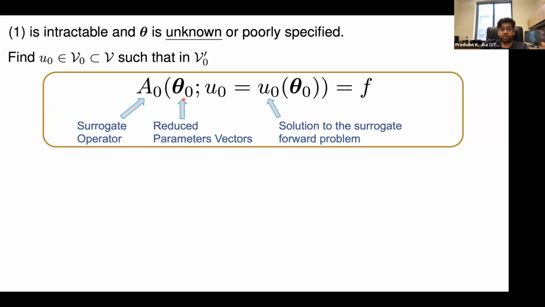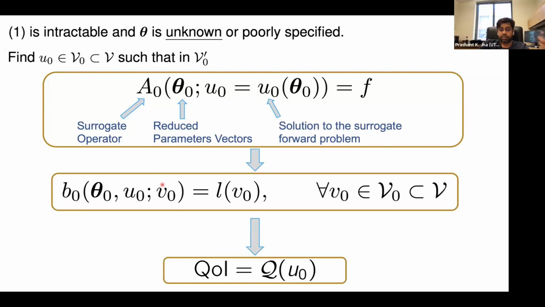It has its own parameters, theta 0, and U0 is the solution of that. And we keep the forcing function F the same. This leads to another variational formulation, and as a solution of this problem, we can compute Q of U0 as an approximation of Q of U, the high fidelity solution.